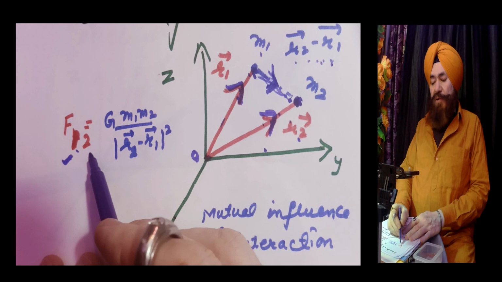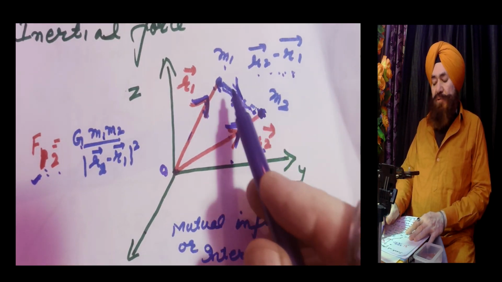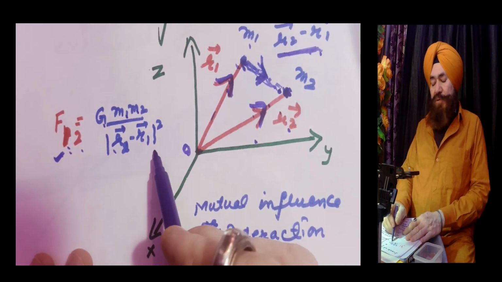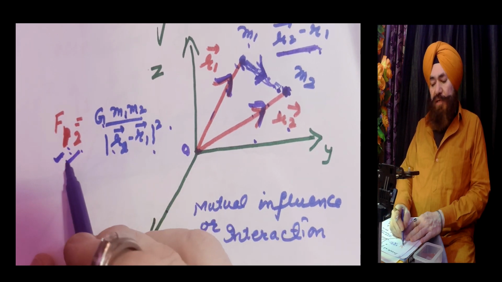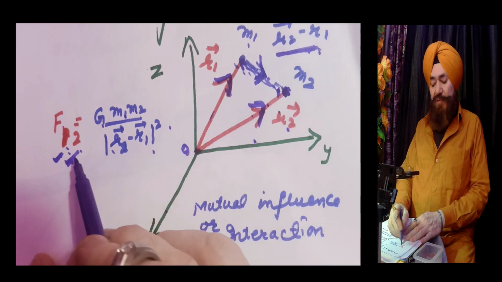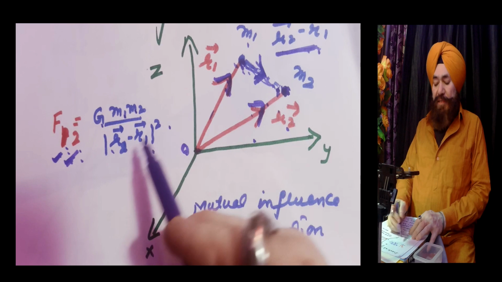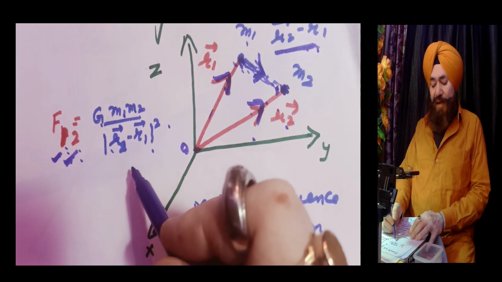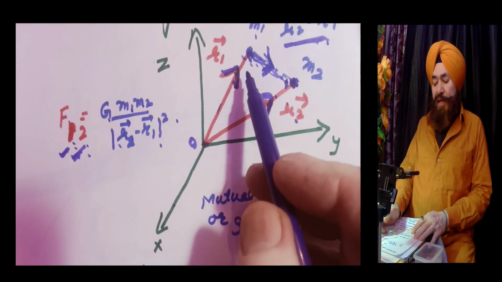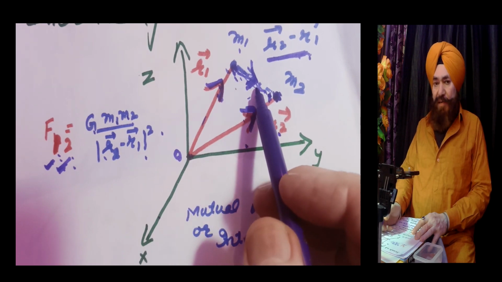So f12 is a constant times m1 m2 over the magnitude of the distance squared, and this is a vector. This force is the mutual force of interaction. One particle is interacting with the second. This is a real force, because the particle masses are interacting.